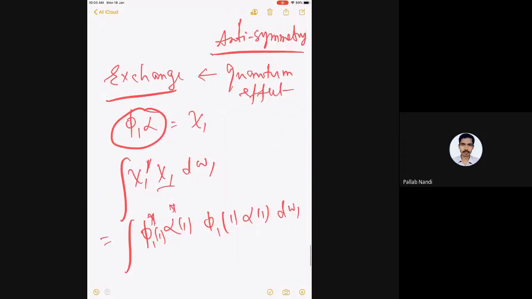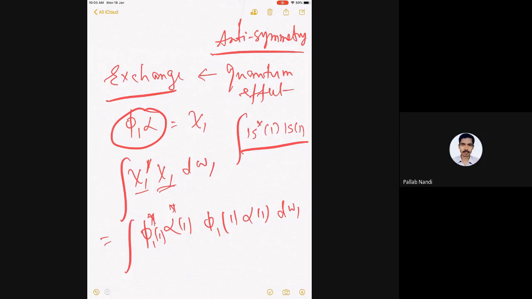Whenever I am doing psi star psi, for one orbital, the coordinates are the same. Why is that confusion coming now? Whether it is spin or space, how does it matter? When I'm doing, let's say, 1s star 1s, is it not the same when I'm normalizing? Same thing will happen in spin. This is a completely different thing. It does not mean electron 1 and 2 are in the same spin.